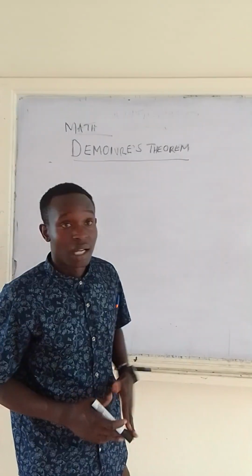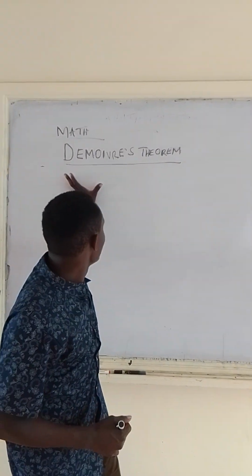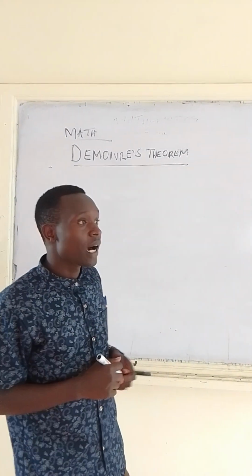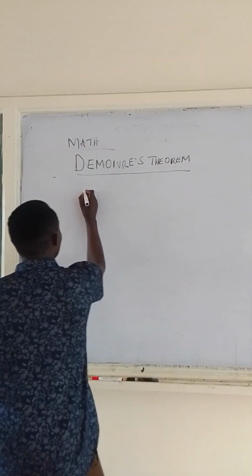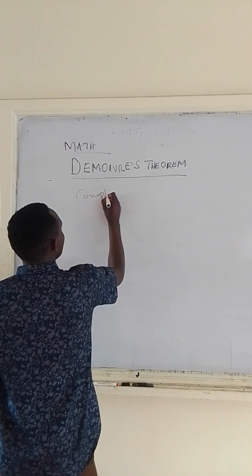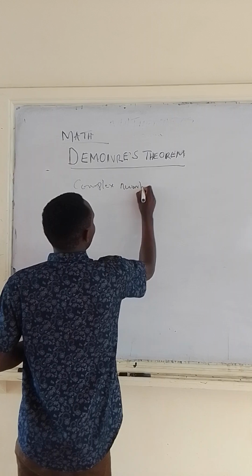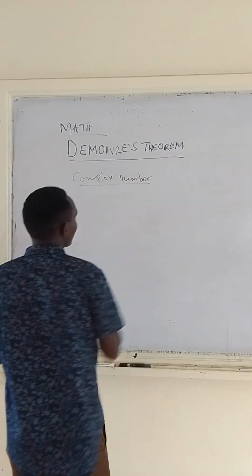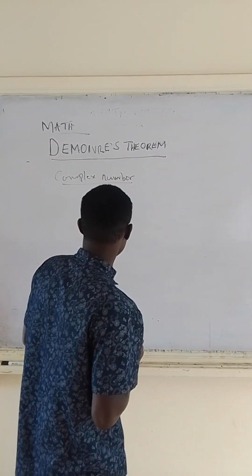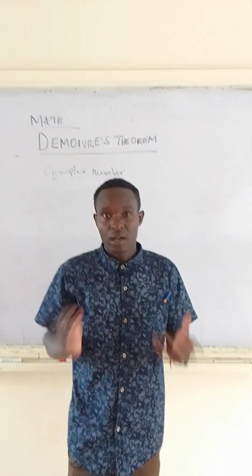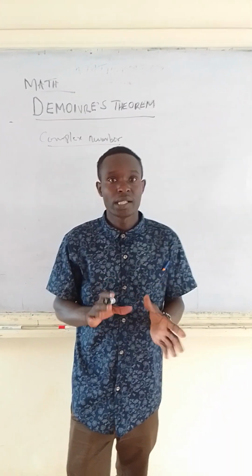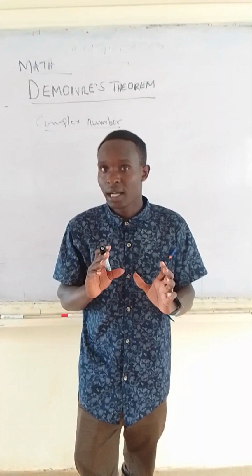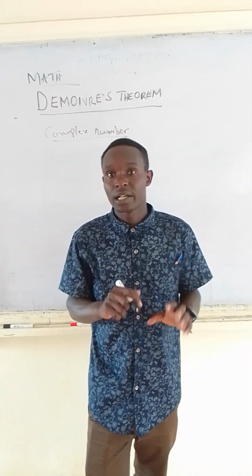De Moivre's theorem. And before this theorem, I want us to recall complex numbers. In complex numbers, I believe in our previous chapter we learned how to represent a complex number in polar and in rectangular form.